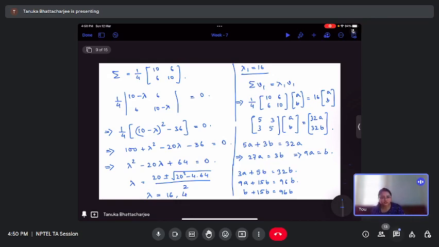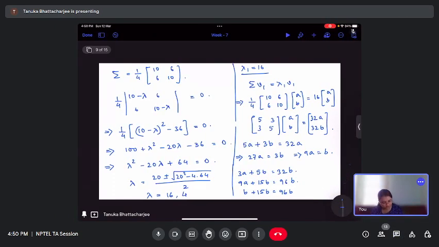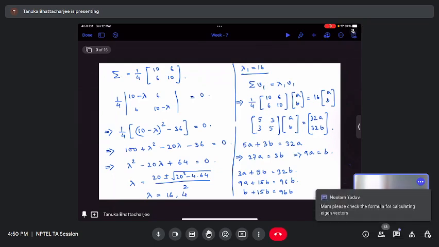Is anyone able to solve this and tell me where I am doing it wrong? Let's check the formula.